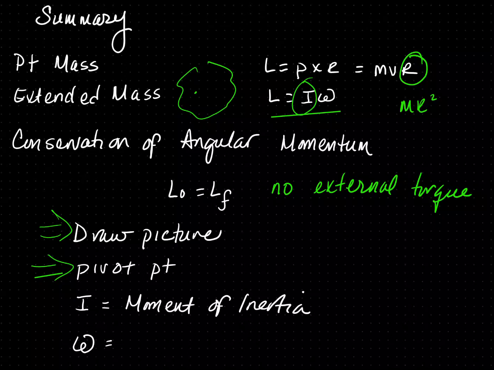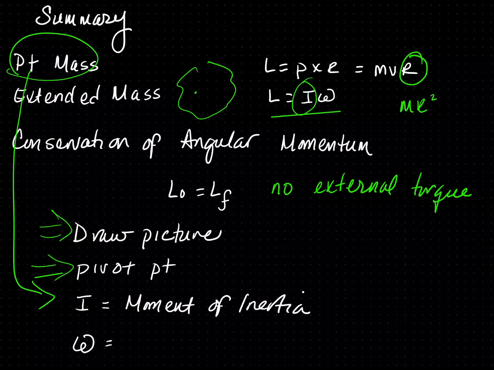The only thing that will not rotate initially or after is if it's a point mass that is traveling linearly. And when that happens, the angular momentum will be mvr. However, if it is rotating, this point mass, the moment of inertia will be mr squared.